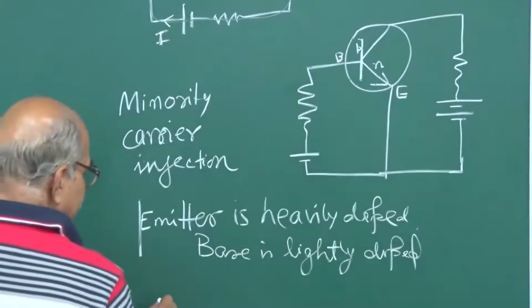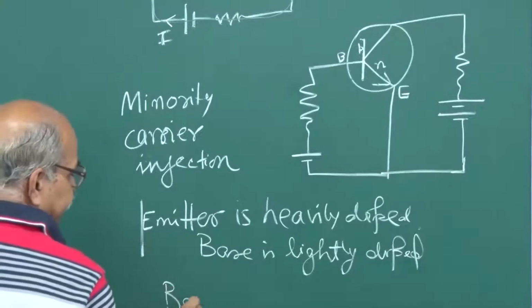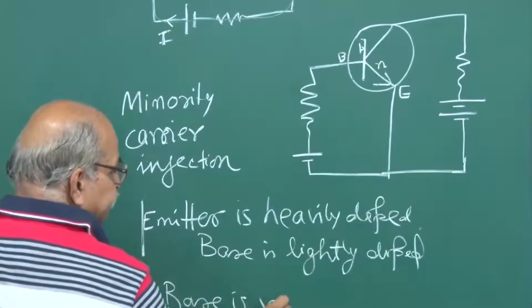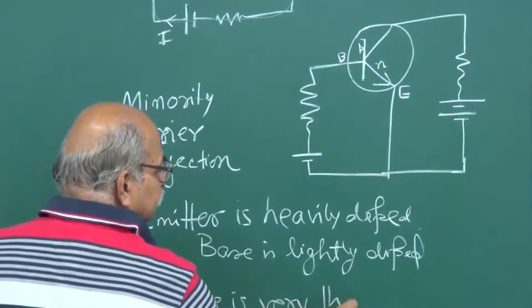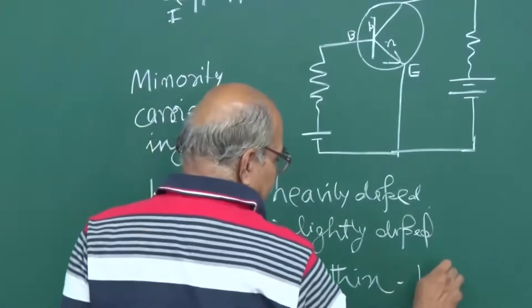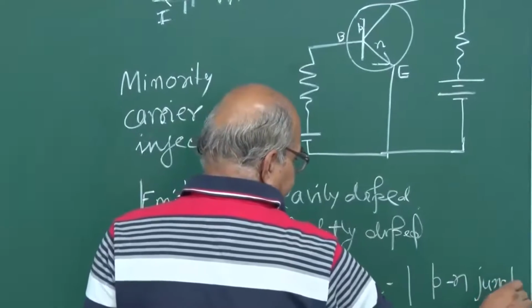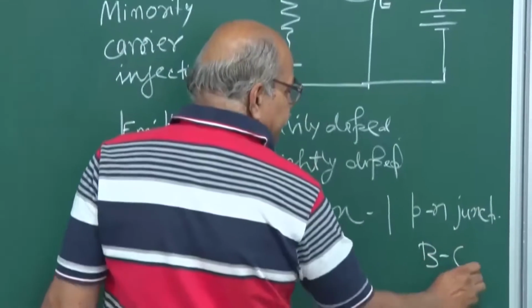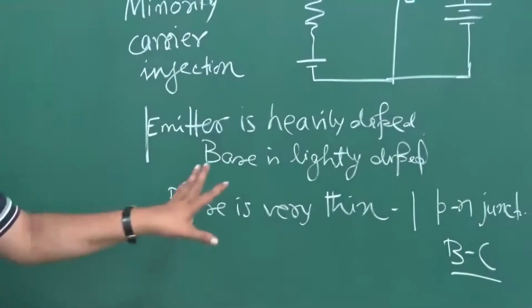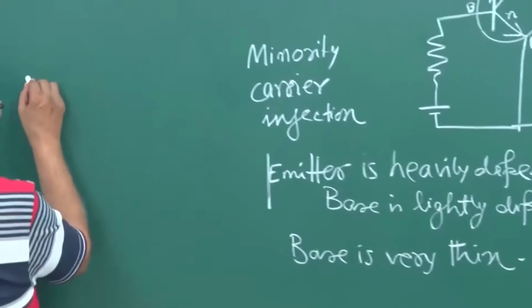And the other thing is this base is very thin, and after that you have this another PN junction. Which PN junction? Base collector. Base collector junction is right there. So now the situation is something like this.